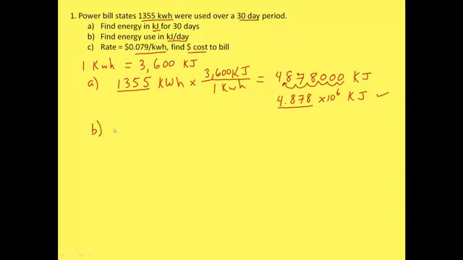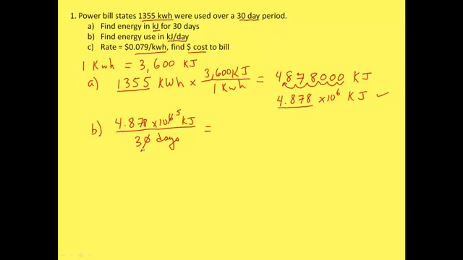So B, now in kilojoules per day, we just have to divide by 30. So you take your answer above, 4.878 times 10 to the 6th kilojoules, and divide it by 30 days. And then what do you do? You can remove one of the zeros here. This becomes a 5.